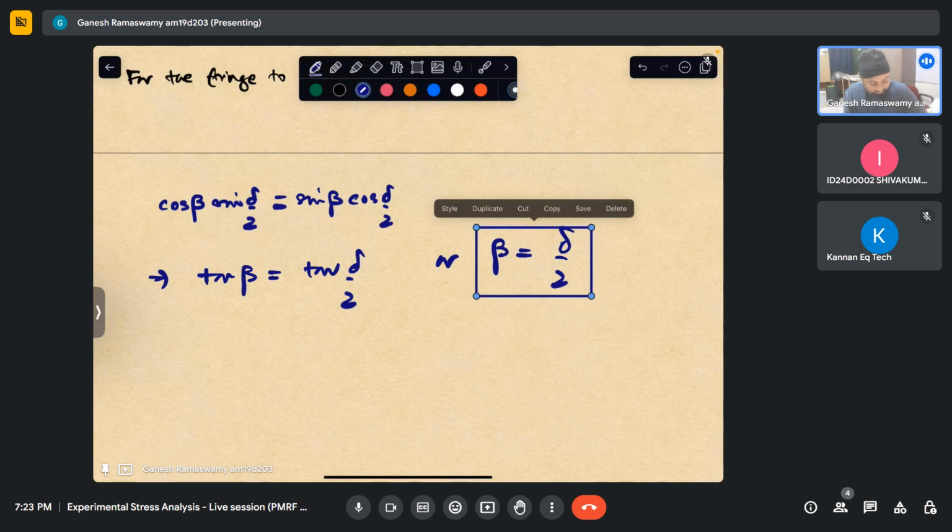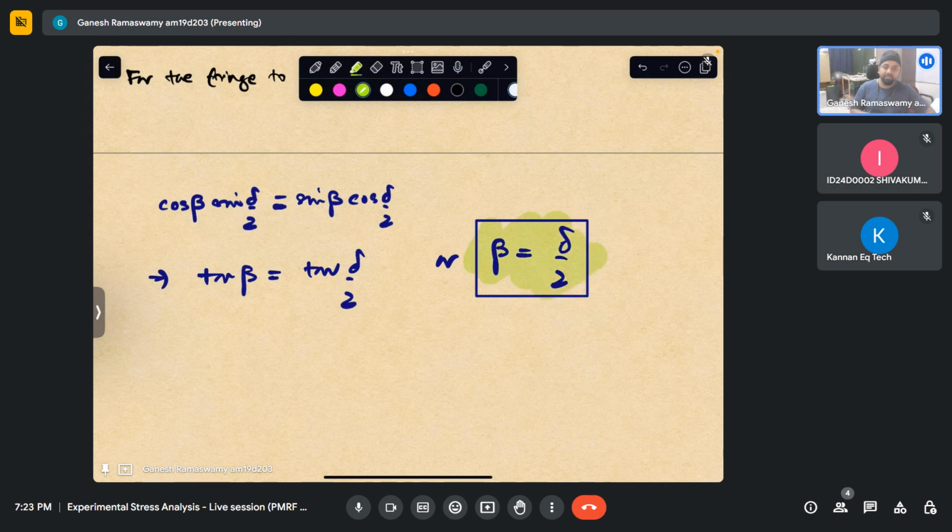So we can see delta is the retardation. By rotating the analyzer by an angle beta, I am able to impart the same retardation, which is not from the mechanics of the problem. I have introduced that. So that is what we mean by compensation. We are compensating for the additional retardation so that the fringe passes through that.